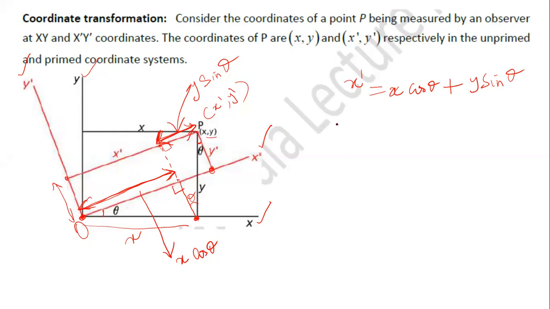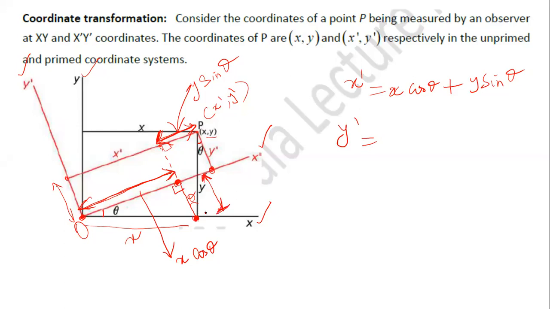Now, how do I write y prime? Y prime is this. In order to get y prime, if you look at this, what is the distance between this point and this point?